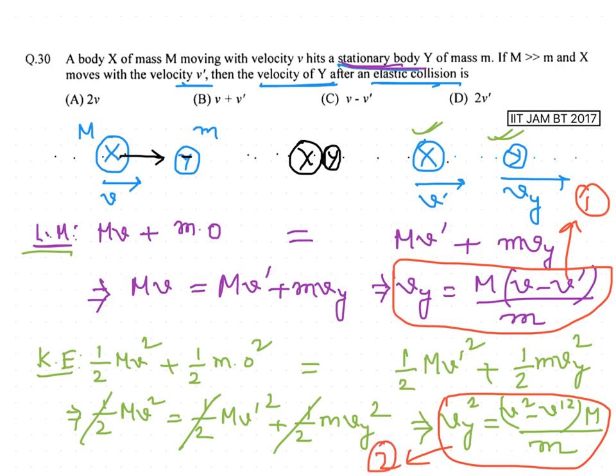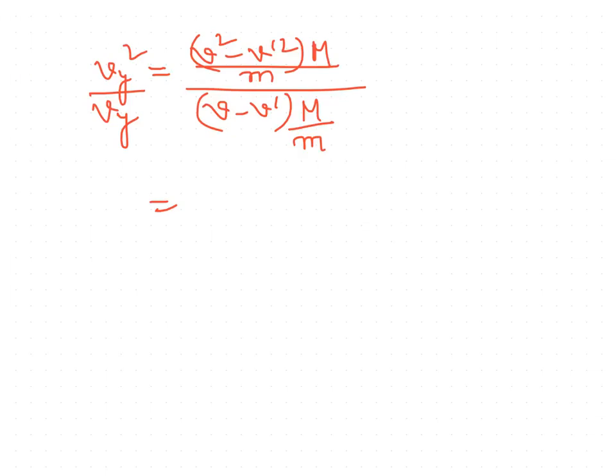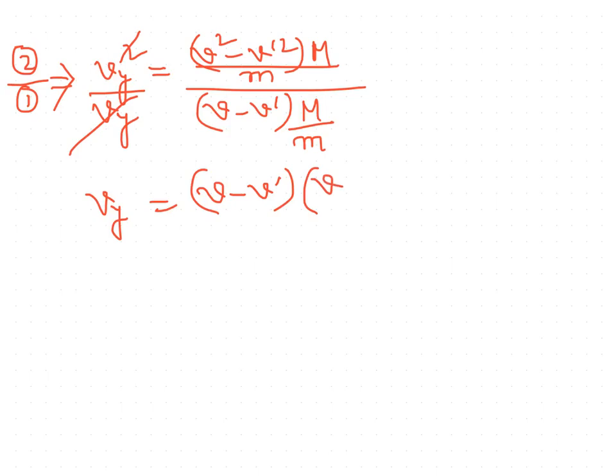We divide equation 2 by 1, and that gives us Vy equal v square minus v prime square, that means v minus v prime times v plus v prime, divided by small v minus v prime, where capital M by small m cancels out.